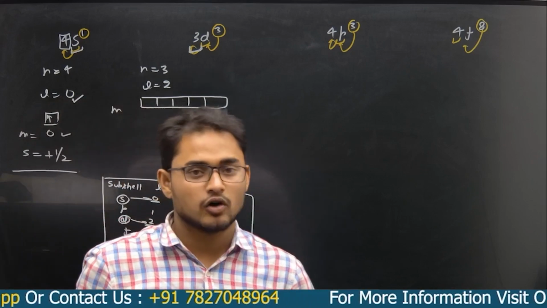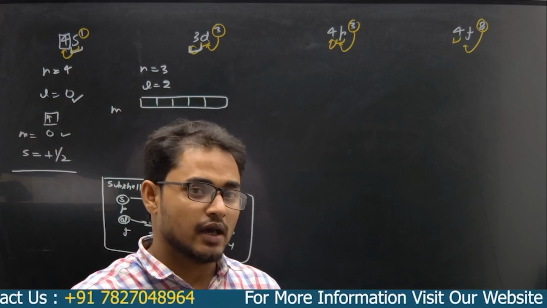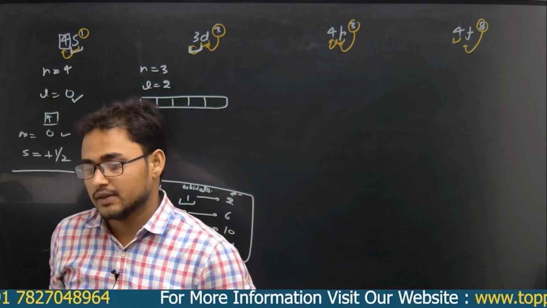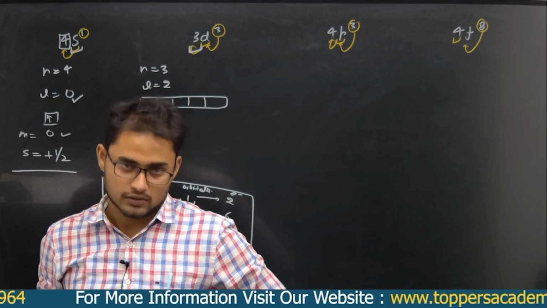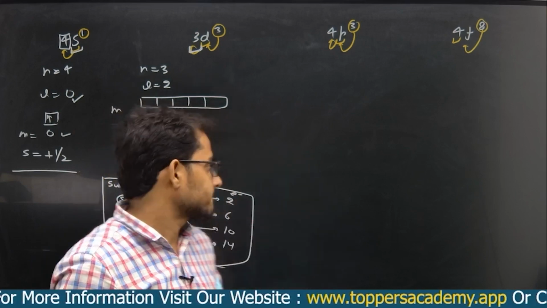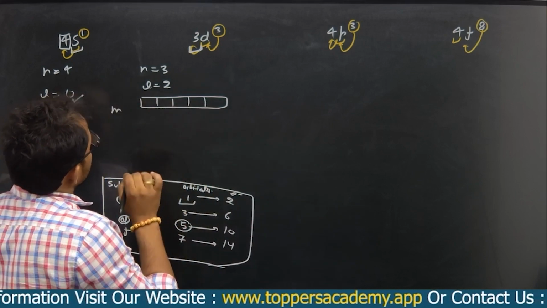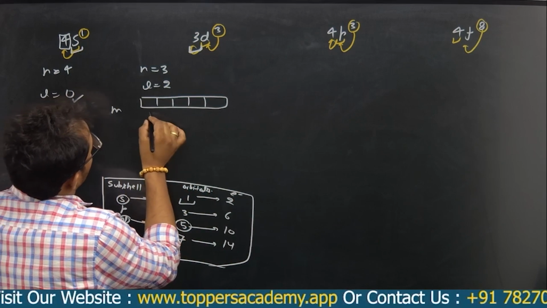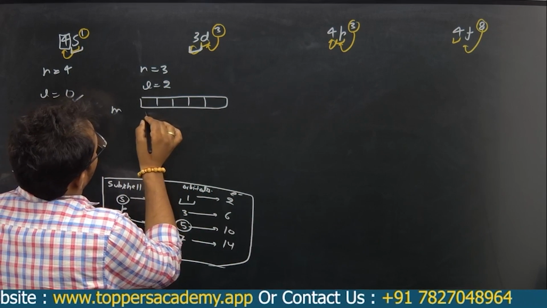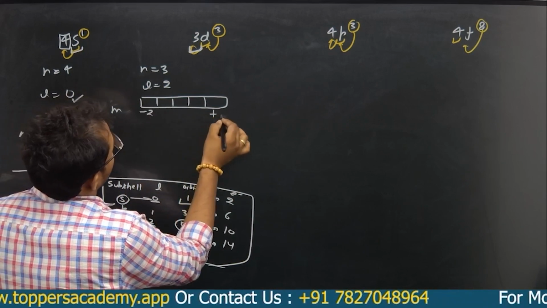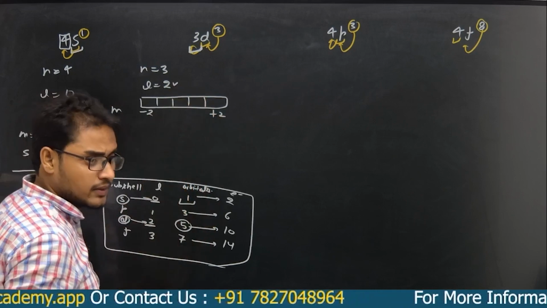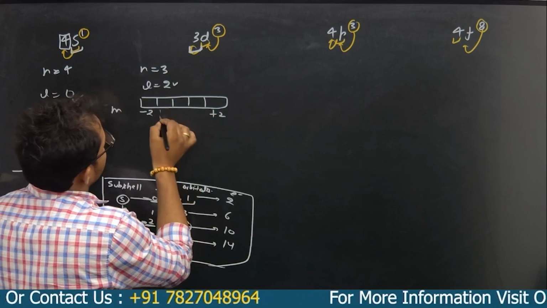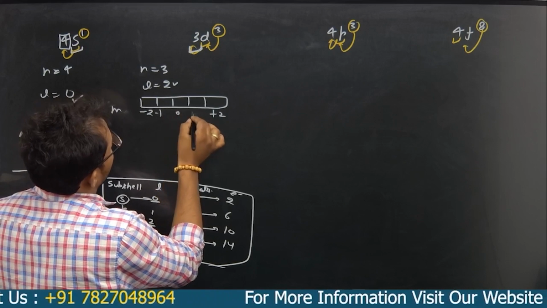What is an orbital? An orbital is the space in an atom in which an electron may be present. That means it is the house of an electron. The possible values of m are minus l to plus l, that means minus 2 to plus 2, so minus 2, minus 1, 0, plus 1, plus 2.